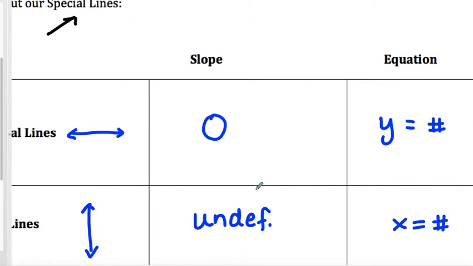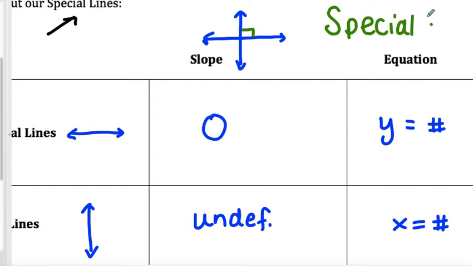Well, what we need to make sure we understand is that a horizontal and a vertical line actually meet at right angles. The problem is that their slopes aren't opposite reciprocals. So this is a very special case. I mean, they are opposite reciprocals, but you just can't see it. So if a slope is undefined, that means you have a vertical line.